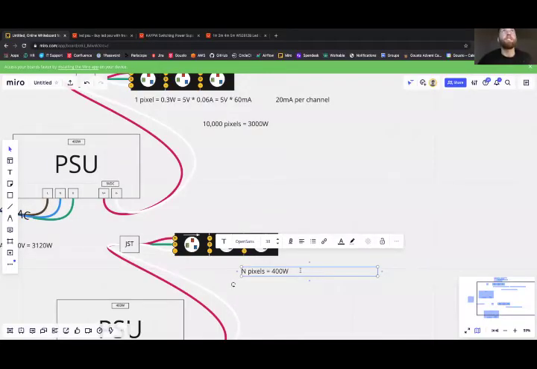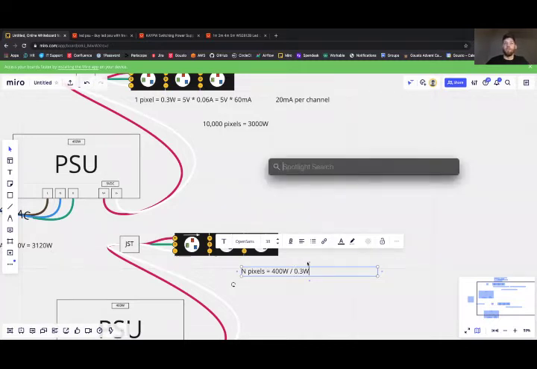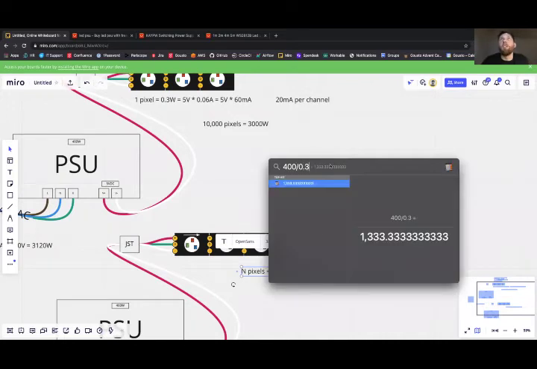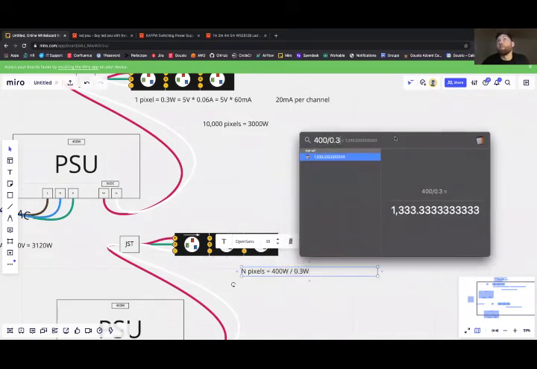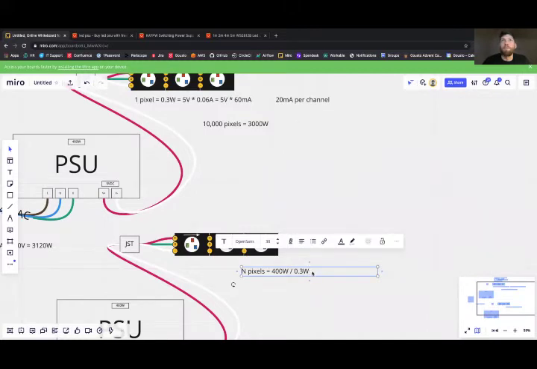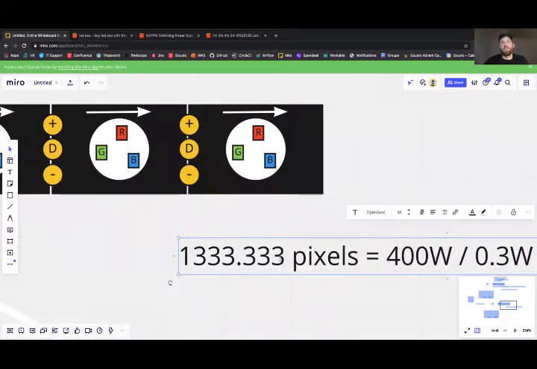So since each pixel requires 0.3 watts, 400 watts divided by 0.3 watts equals 1,333.33, etc. Obviously, since you can't have a third of a pixel, really, we can kill that.